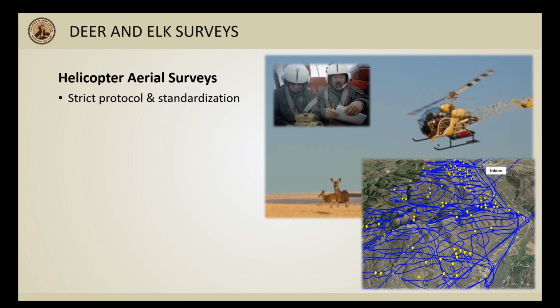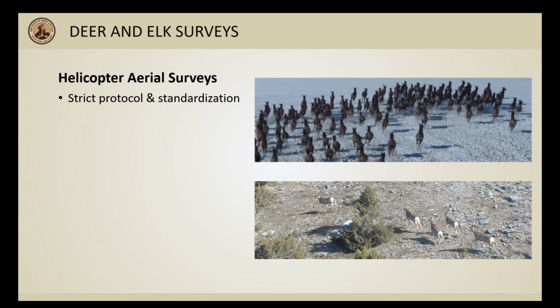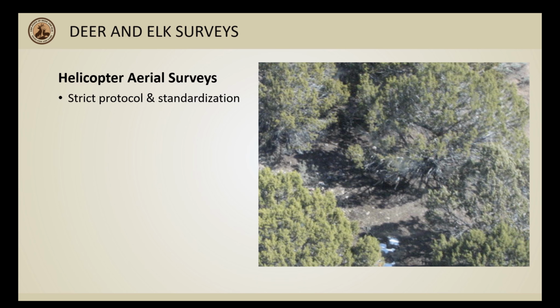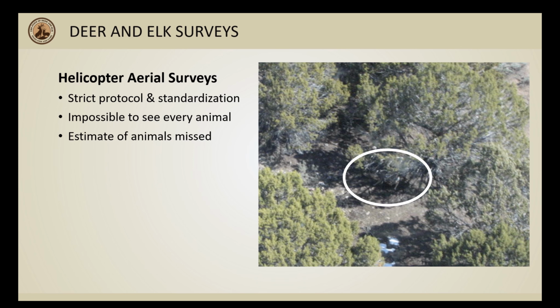But even with the strict protocol, factors we can't control, like snow conditions and the type and amount of vegetation cover, and animal behavior, like this mule deer hiding under this juniper tree, make it impossible for us to physically see every individual deer and elk. Therefore, we need methods to estimate the number of animals we miss on a survey to ensure our final abundance estimates are as close as possible to the population's true abundance.